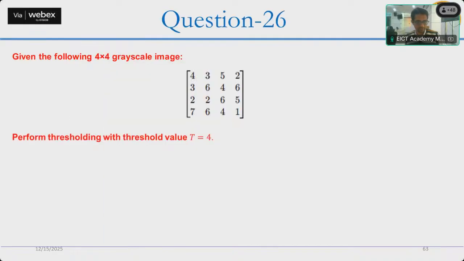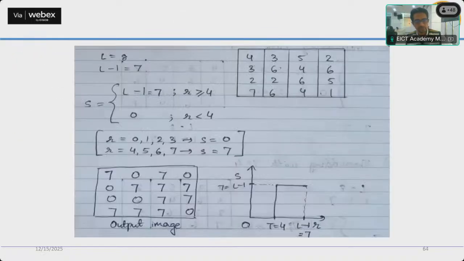See, one condition is given: perform thresholding with threshold value T equal to 4. It means wherever the value R is greater than or equal to 4, then S equals 7, otherwise it is 0.